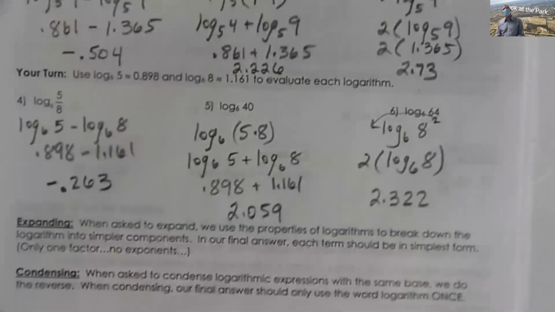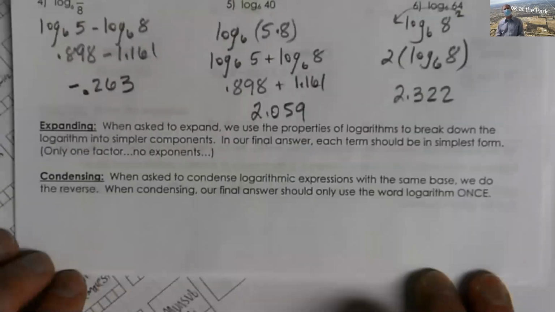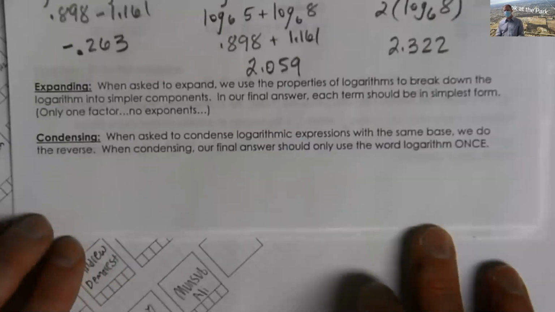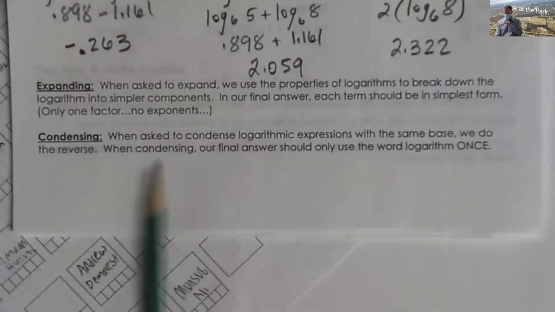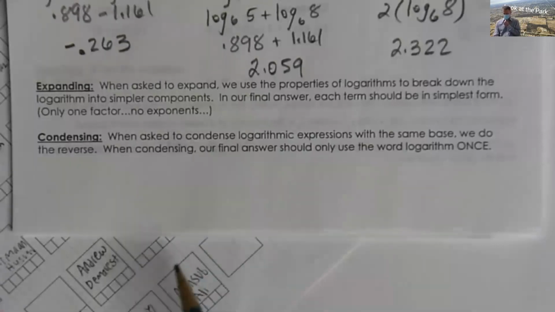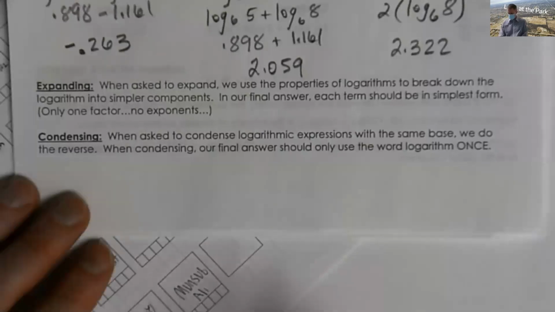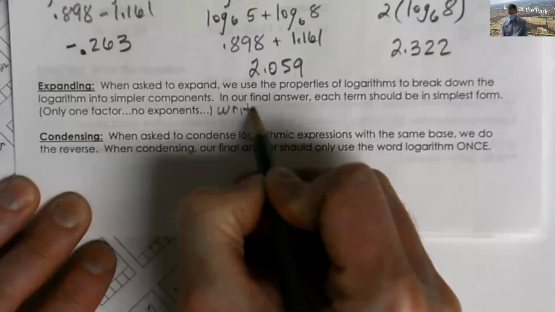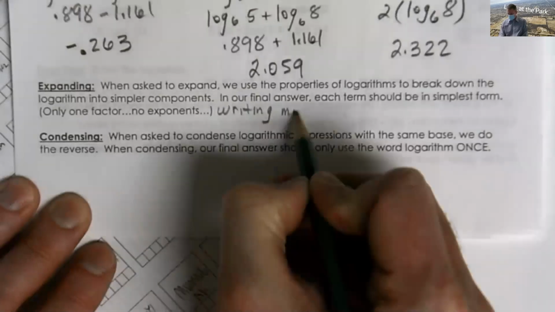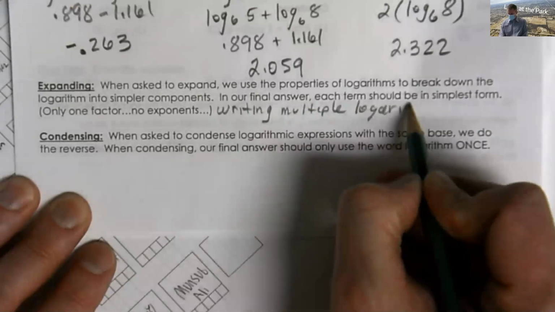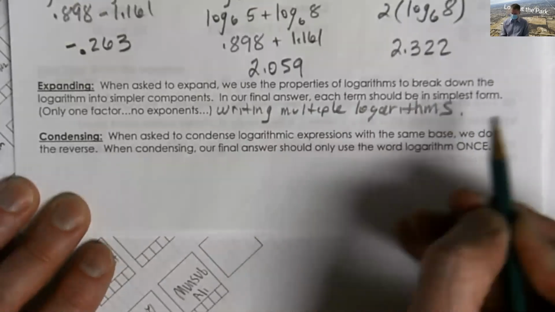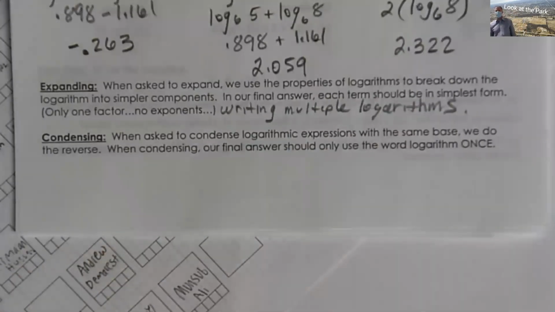All right, if no questions, we move on to expanding and condensing. Now it gives a little description in here about what expanding is. Expanding is writing multiple logarithms. You're going to have several logarithms written when you expand.